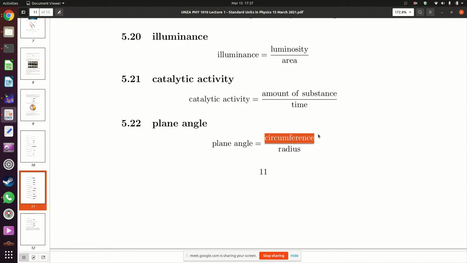Whatever part of the circumference you have, you divide by the radius, and you get an angle. This angle is measured in radians. The circumference is a type of length, and you're dividing it by the radius, which is also a length, the distance from the center of the circle to the circumference. So you're dividing distance by distance, and you get a plane angle in radians.